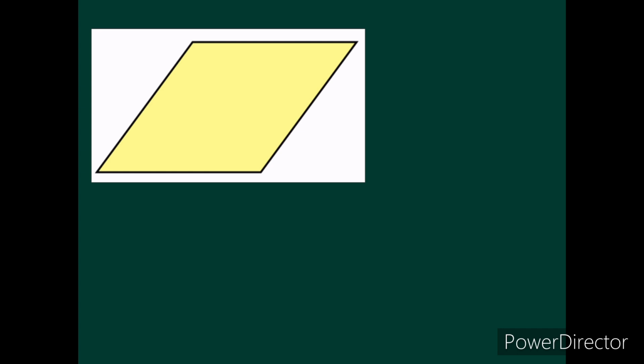Another kind of quadrilateral is a rhombus. So what is a rhombus? Its opposite sides are parallel and equal to each other. Its opposite angles also have the same measure. So this side is equal to this side and parallel to this side, and this side is parallel to this side, and the length of this side is equal to this side, and the length of this side is equal to this side.